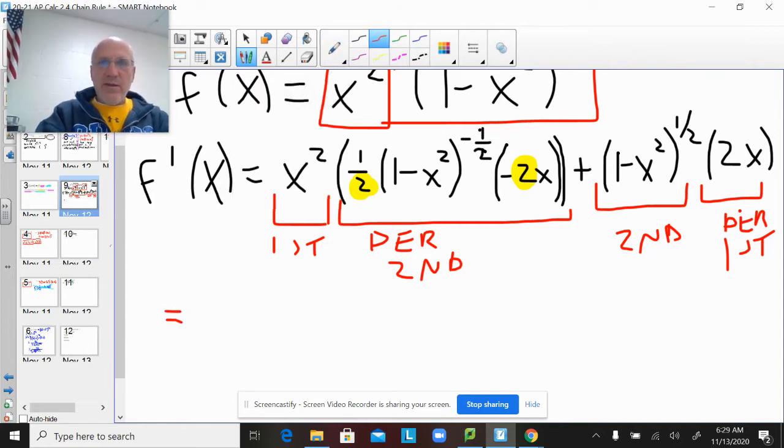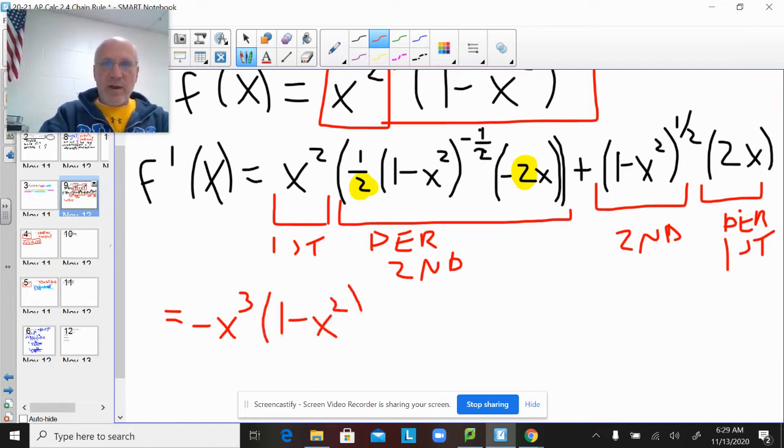I guess I'll use red as still a negative. So negative x cubed. And then I still have 1 minus x squared to the negative 1/2. That's a negative and a 1. I think that's everything before the plus sign, negative x cubed.